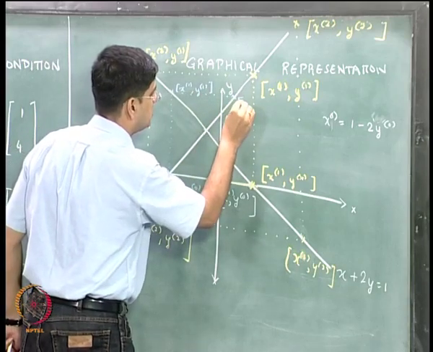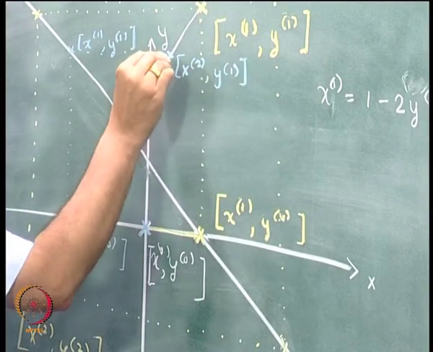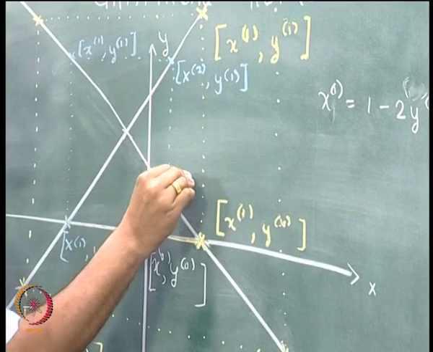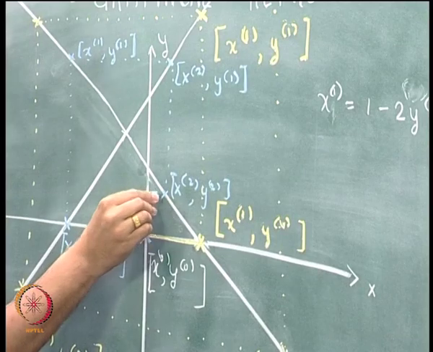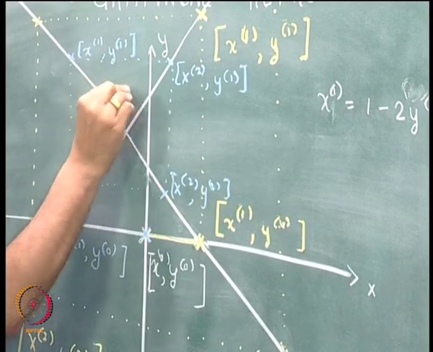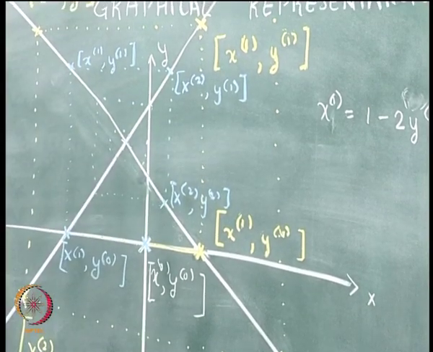This becomes (x2, y1). This point becomes (x2, y2), and as we keep iterating we will spiral in towards the desired solution.